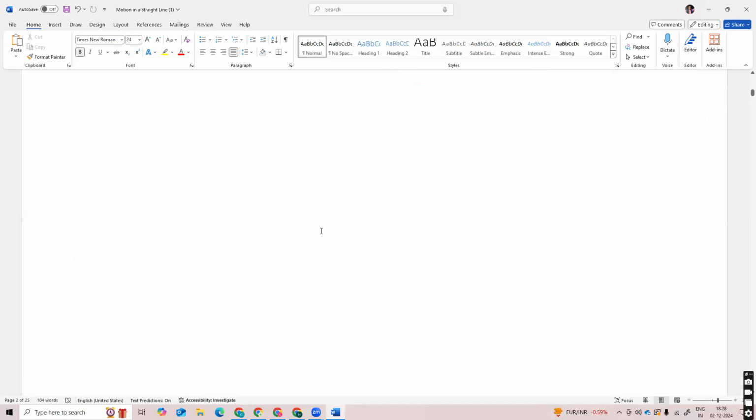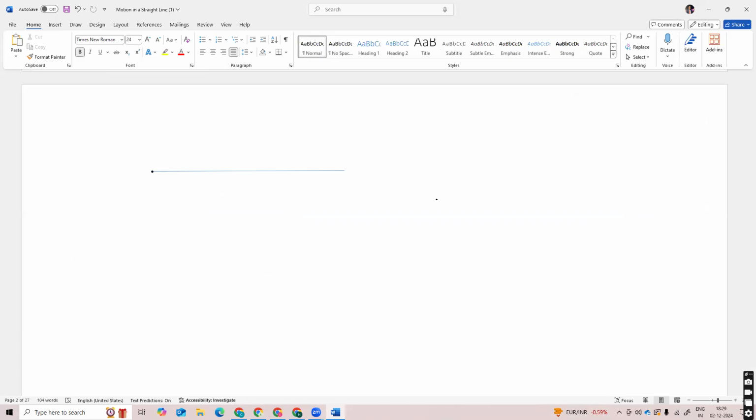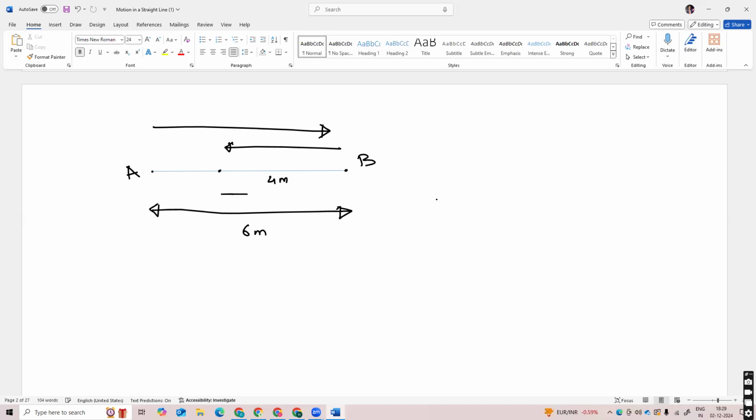So let's take a few examples. Initially a person is standing at point A, then he has traveled 6 meters in this direction to reach point B. Again he traveled back 4 meters to reach point C. Since this is motion in a straight line, from A to B and again from B to C he has moved in the same straight line.